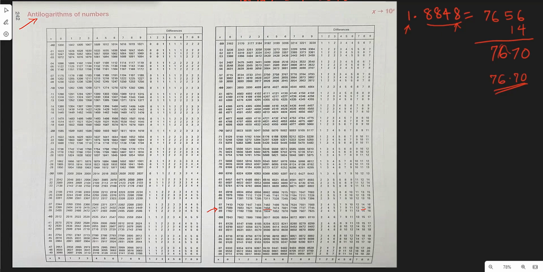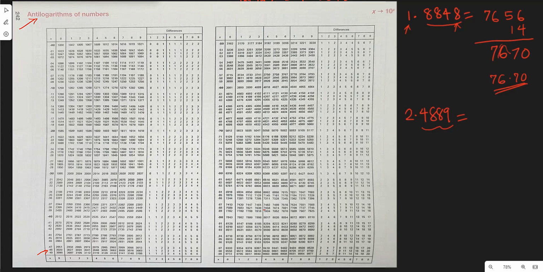Let's take a look at another example to be clear on this. If I have 2.4889, how do I find the antilog of this number? Again, I consider these numbers here, .48. I look for .48 on the table. .48 is here.